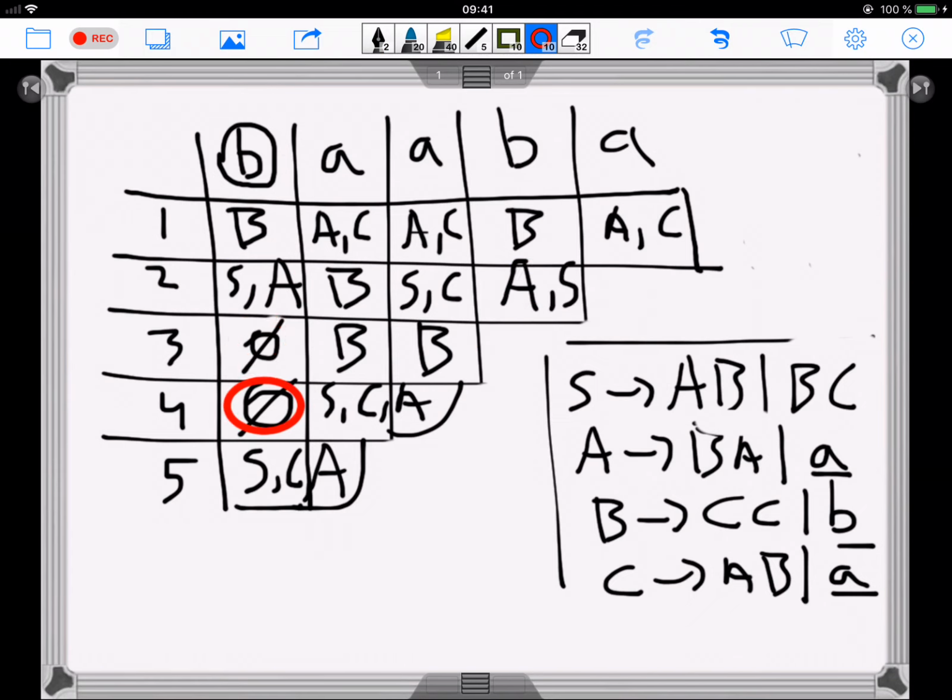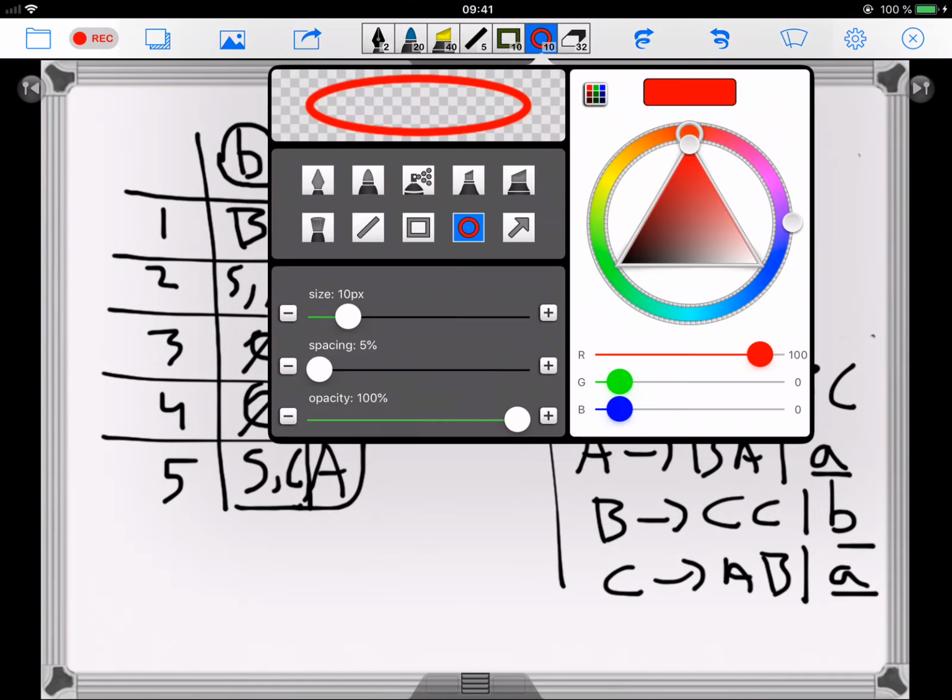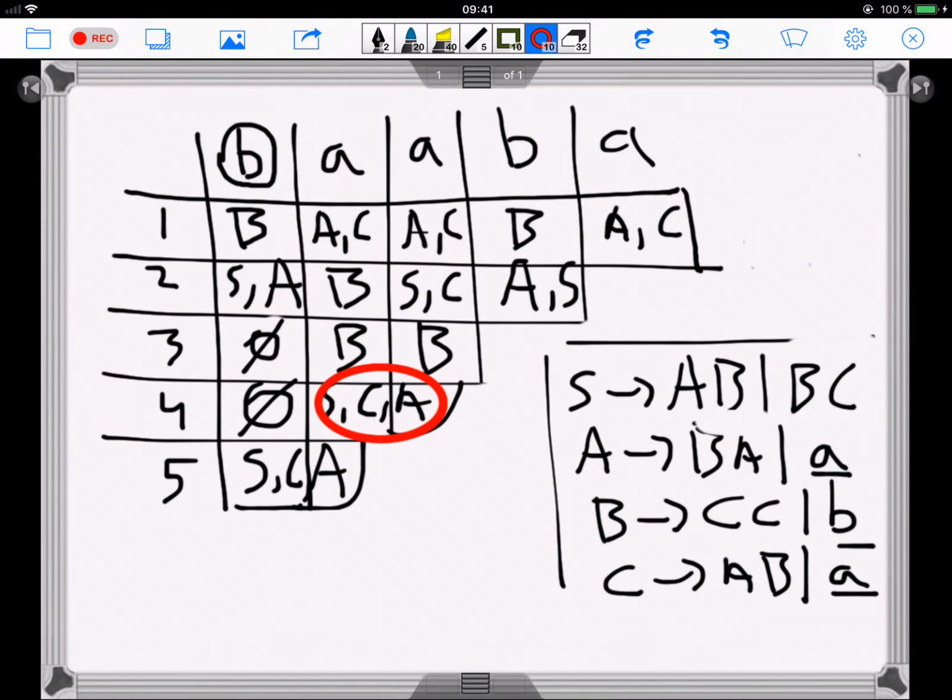And then empty and AC, again the same problem. Okay, so this is the final table. Please correct the slide because if I'm not mistaken, here this cell is different. Okay, we need also to include S there. Okay, because that's what we got with the application of the method.